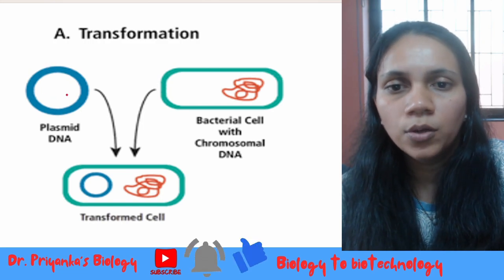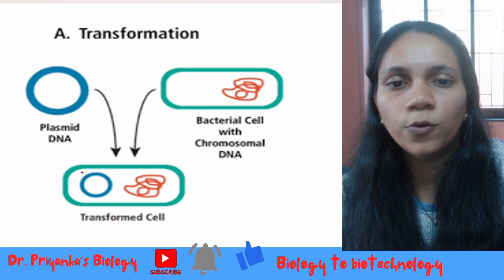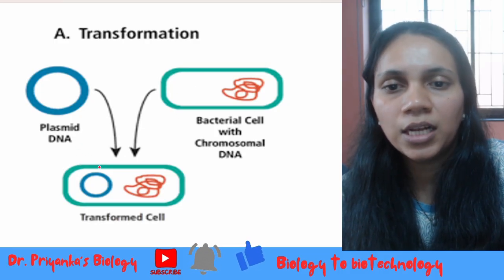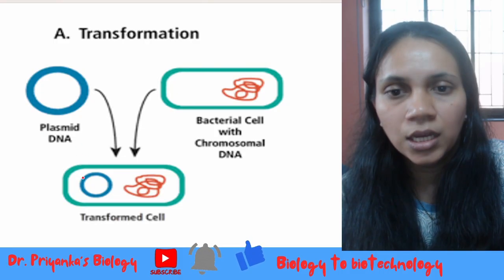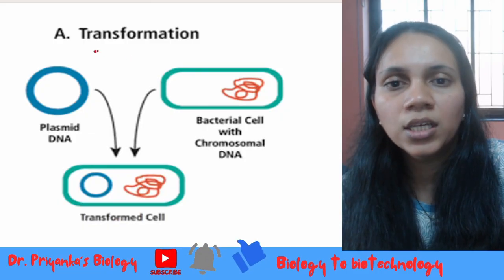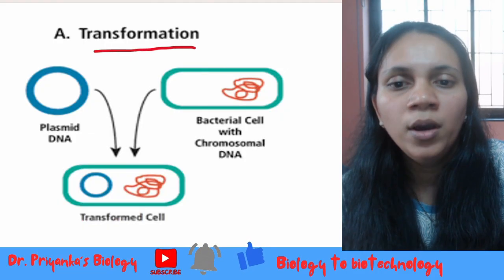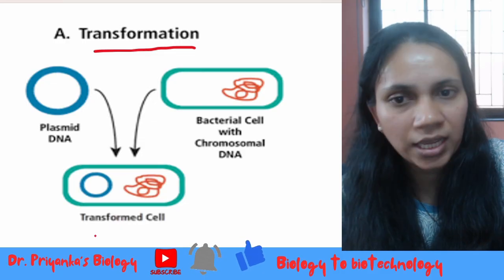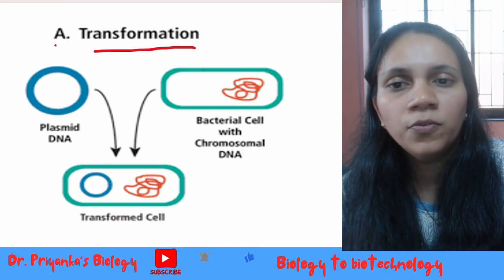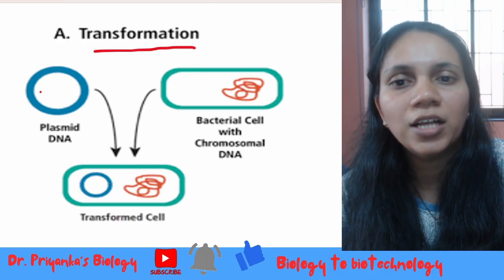Suppose we make changes to the surface of this bacteria and we make this plasmid enter inside the bacterial cell. The process is called transformation, and the product we have is called a transformed cell.